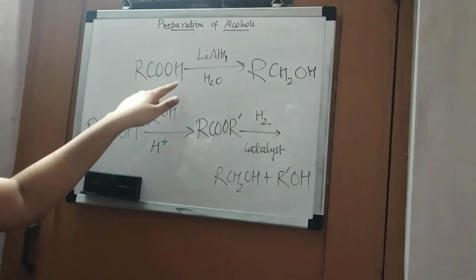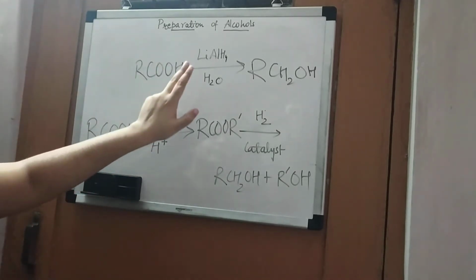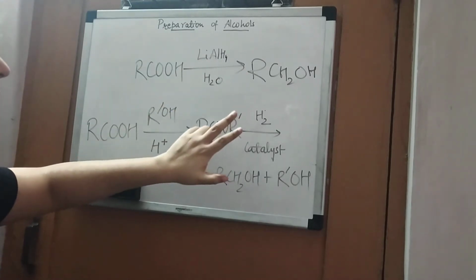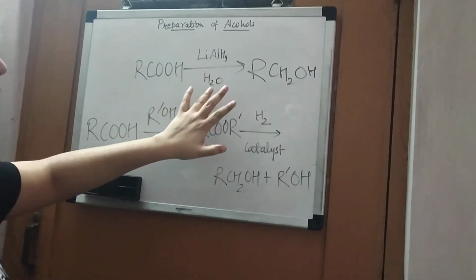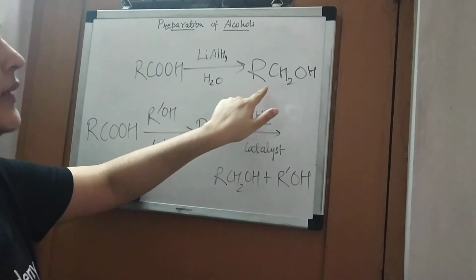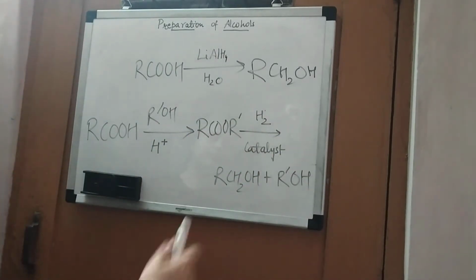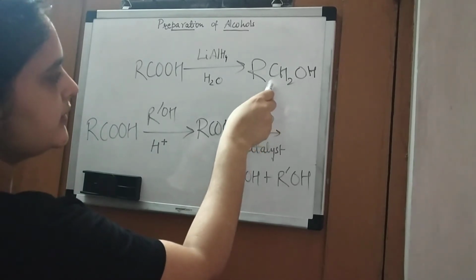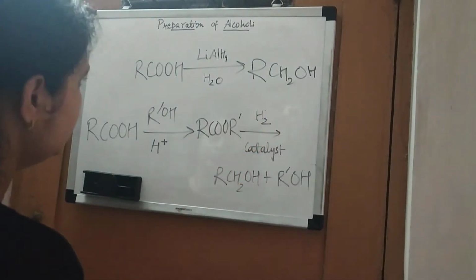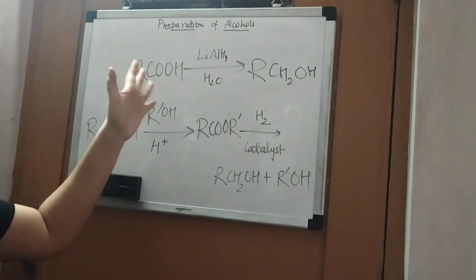So RCOOH, this is carboxylic acid. We are adding lithium aluminum hydride in the presence of water and then alcohol is produced. Here also primary alcohol is produced because the carbon atom is attached to one alkyl group. So this is the reduction of carboxylic acid.